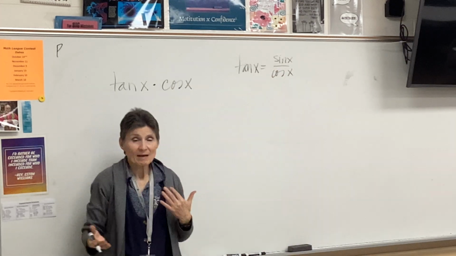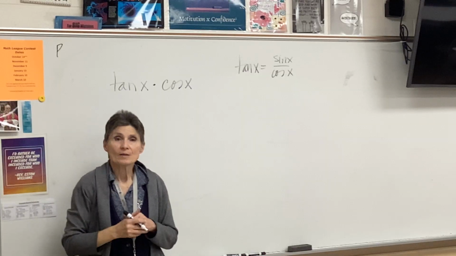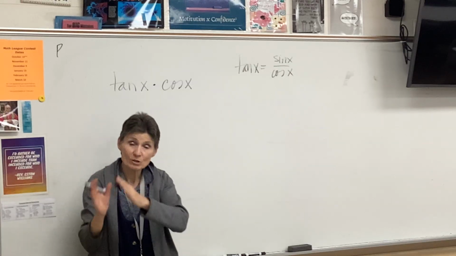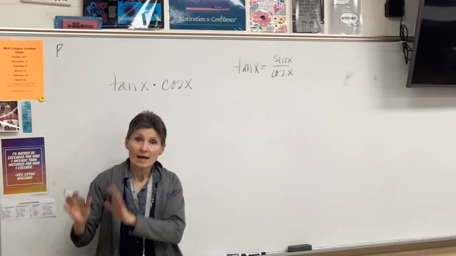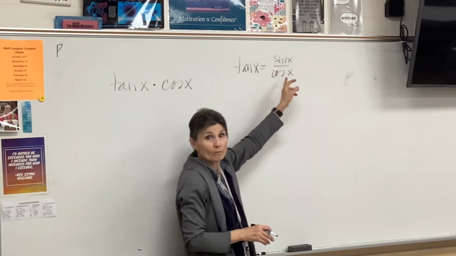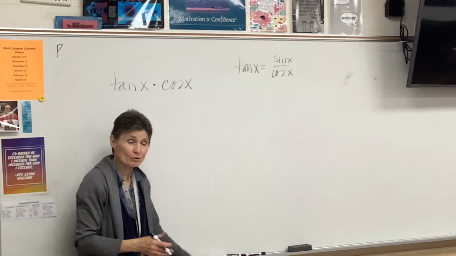Now, you might not even have to add that because you already know, hopefully, that tangent is y over x. And y is associated with sine, x is associated with cosine, so tangent is y over x, sine over cosine. But you can add that to your sheet.